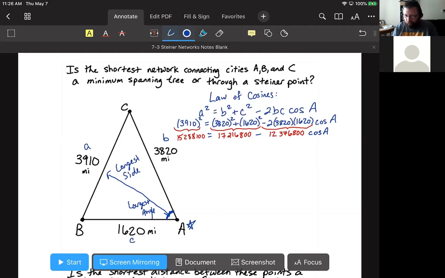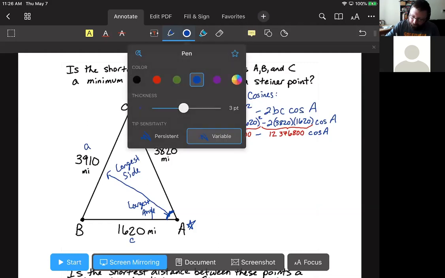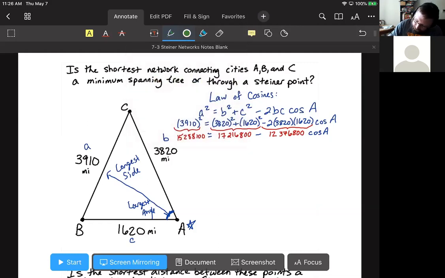Okay. Now, what we've got there, again, we need to isolate cosine of A. We need to get it by itself so that we can solve by taking the inverse cosine. So our next step in this process would be to subtract 17,216,800 from each side.